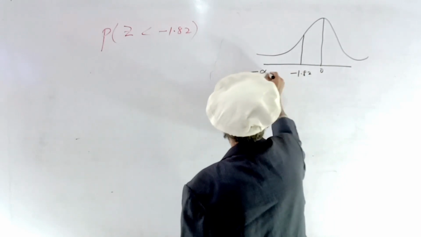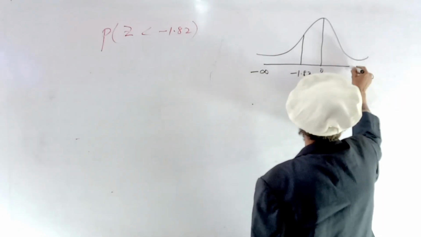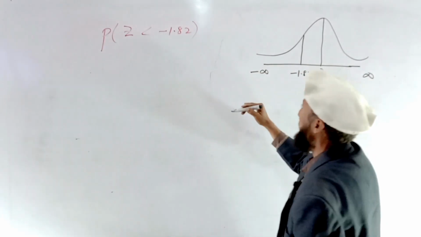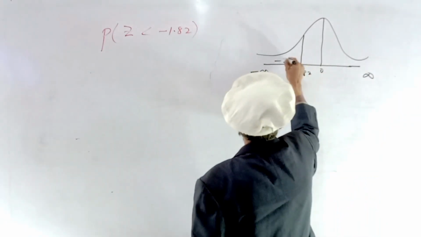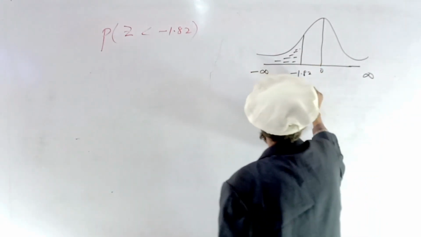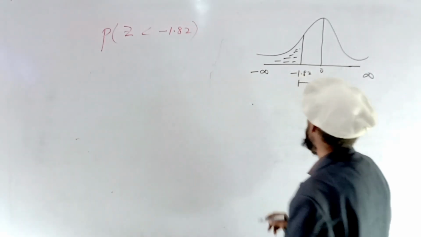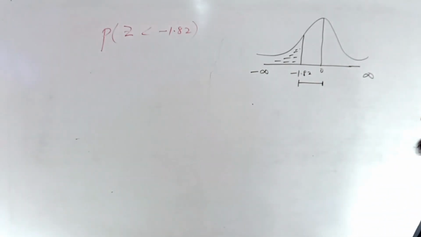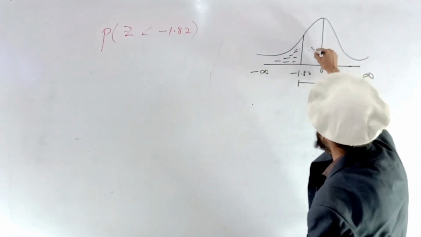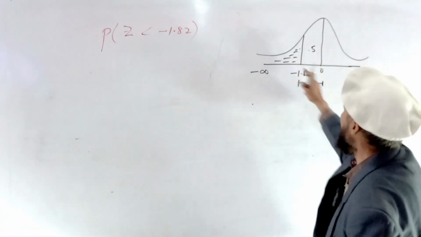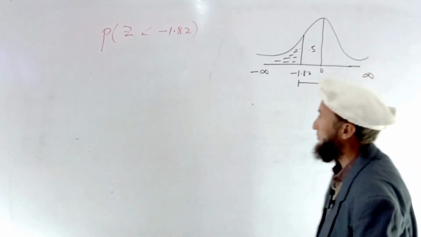Here is minus infinity and here is positive infinity. It means this area is required. But actually we are finding the area from 0 to minus 1.82, so we subtract this area from this 0.5.